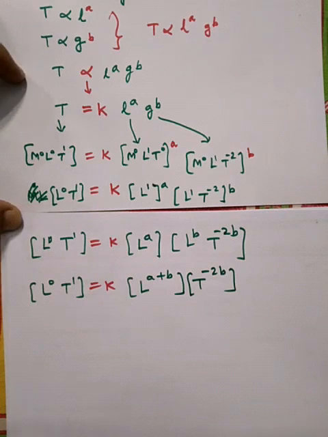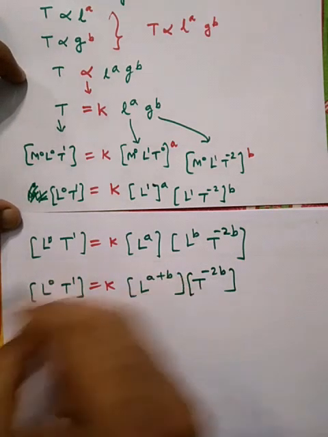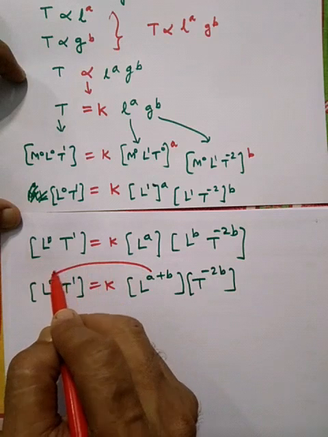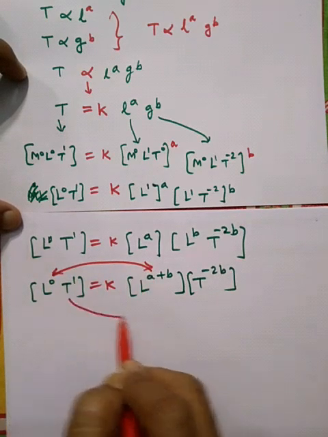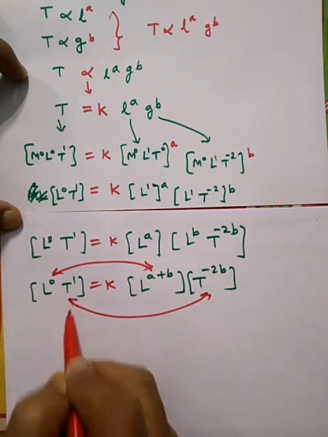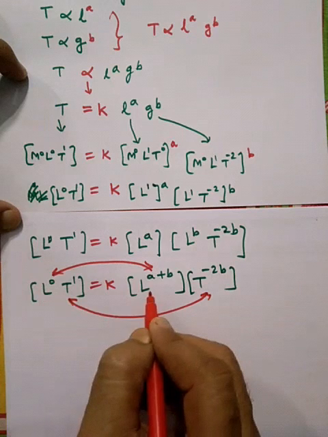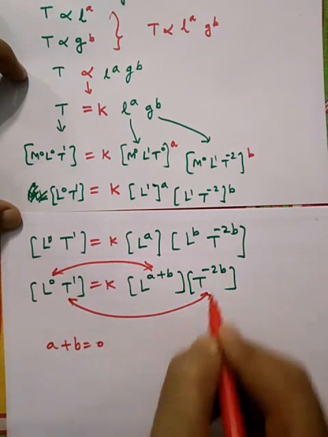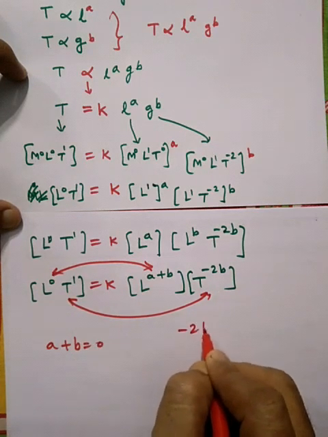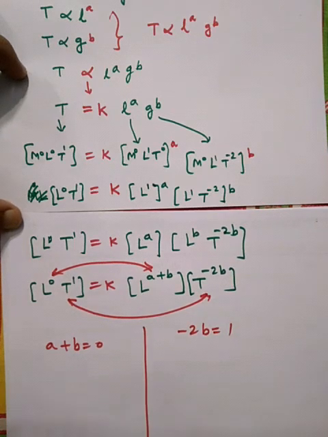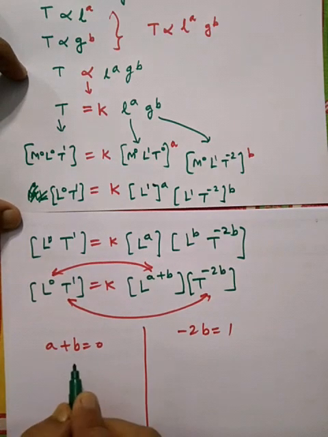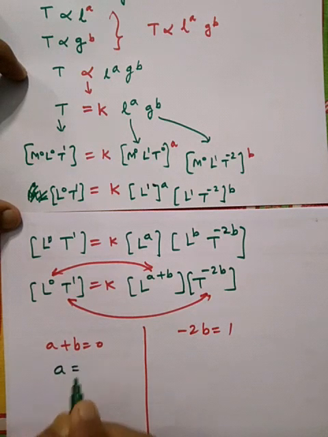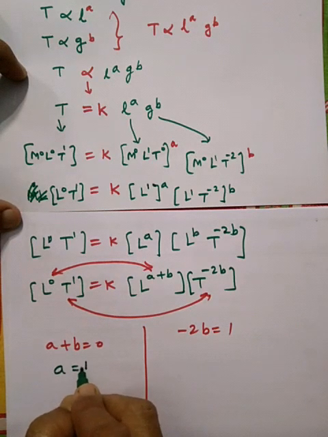Now compare the powers on the left hand side and right hand side. L raised to power this and L raised to power this, T raised to power this and T raised to power this. Therefore a plus b is equal to 0, and from this minus twice b is equal to 1. These are two relationships. a plus b equal to 0, therefore a is equal to minus b.